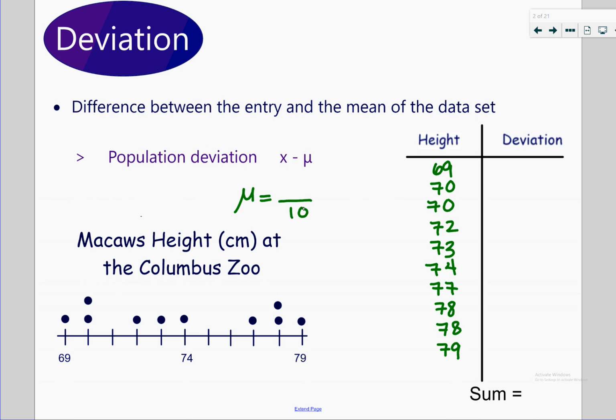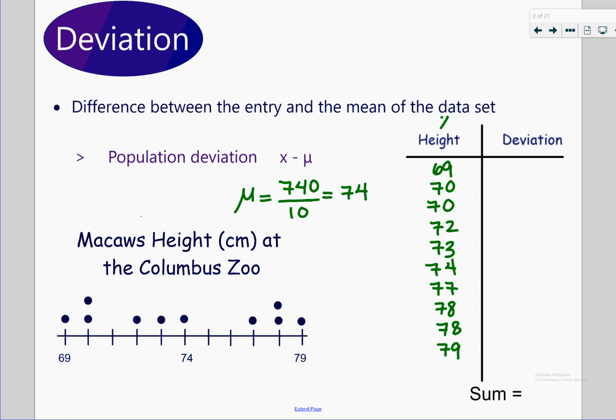In the numerator, you need to do the sum of all those values real quick. And what do we get? 740. Okay, and that one works out nice and pretty. If I divide it, I just get 74.